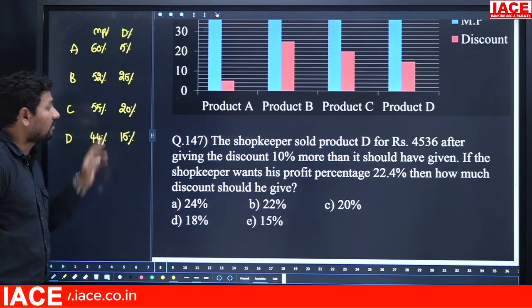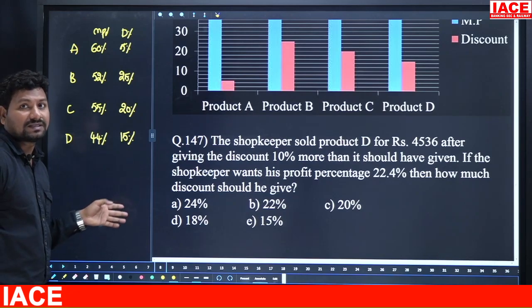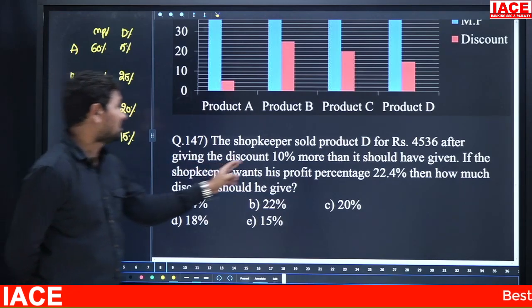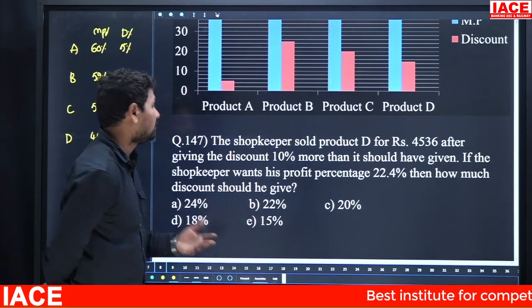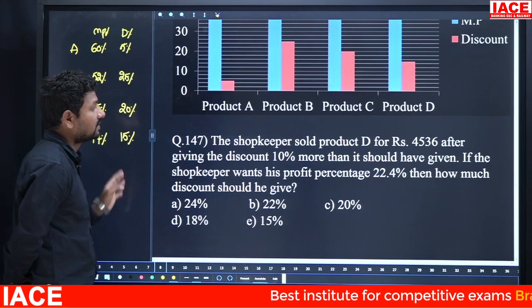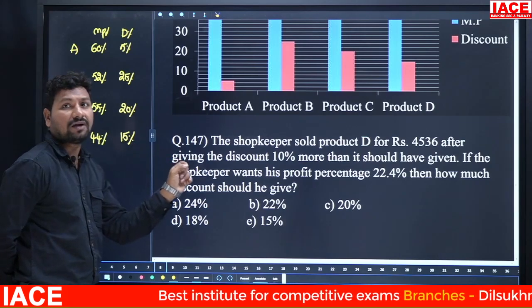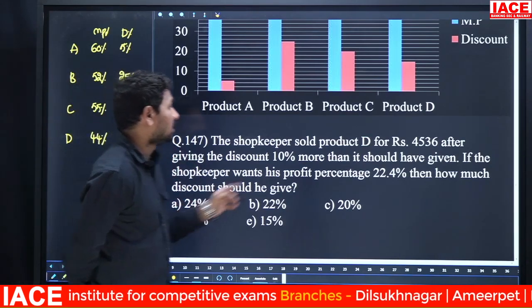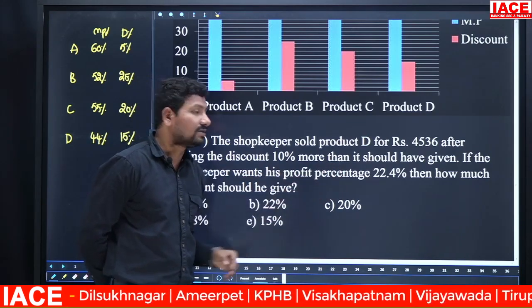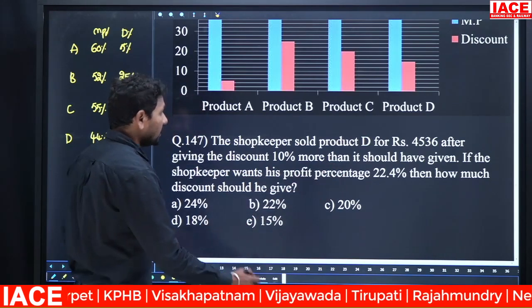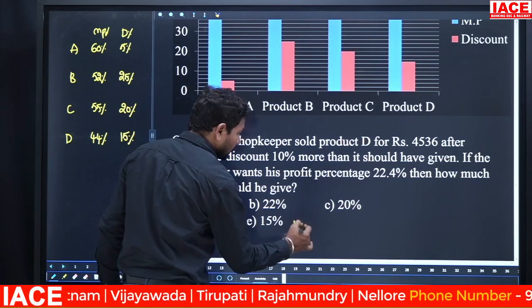Then we have to give how much percentage discount? 15% is to be given. But instead of 15% he allowed how much percentage discount? 10% more discount means it becomes 25%. It should have been given. If the shopkeeper wants his profit percentage, how much percentage? 22.4. Look at here the 100.